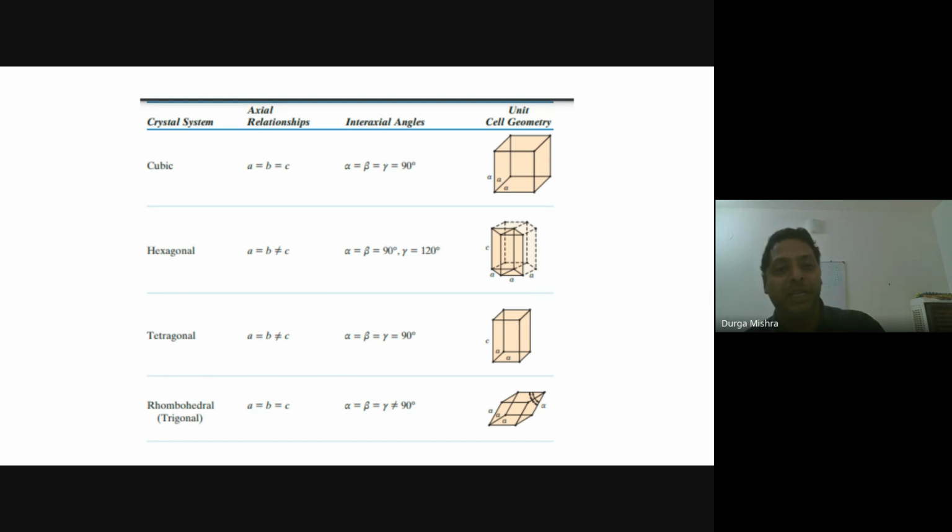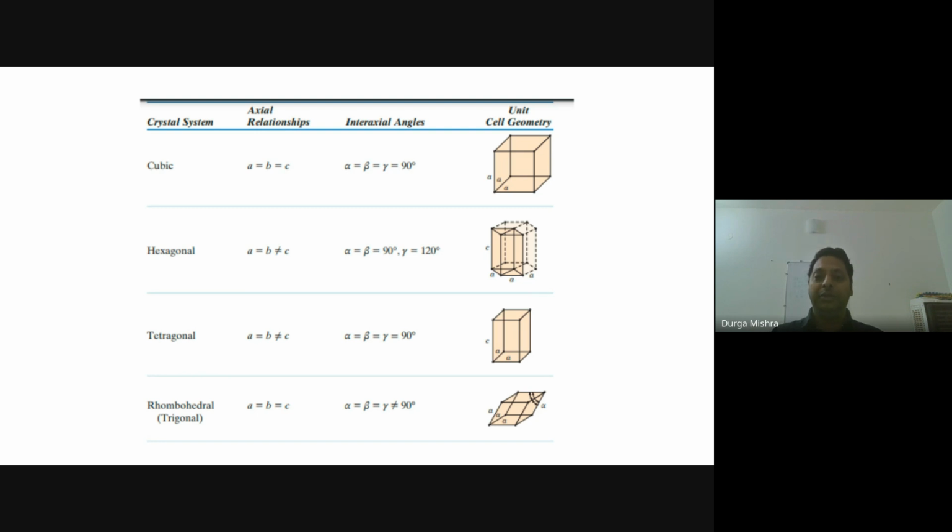So if I have a cubic, A equal to B equal to C, and alpha, beta, gamma. So what is alpha, beta, and gamma? First of all you have to define the origin, then define the x, y, z axes, and then you can look at the angles alpha, beta, and gamma.